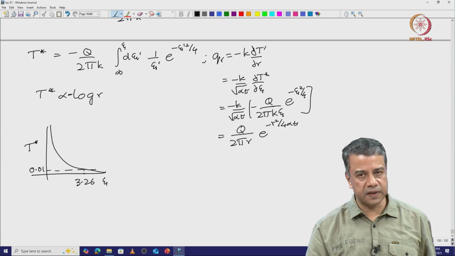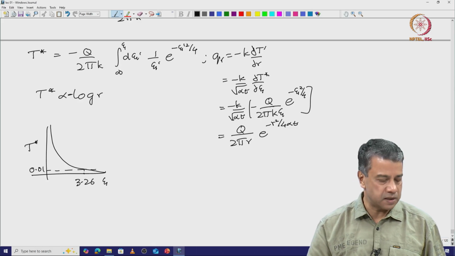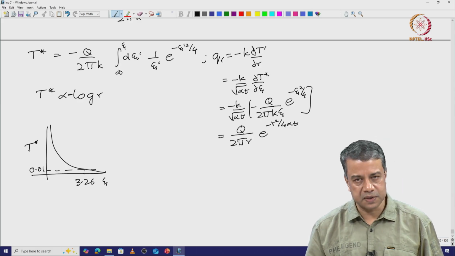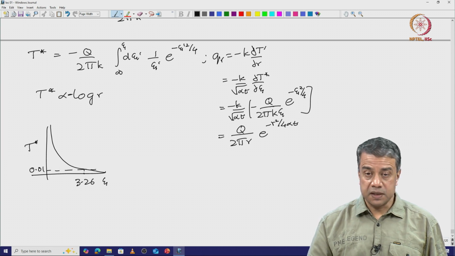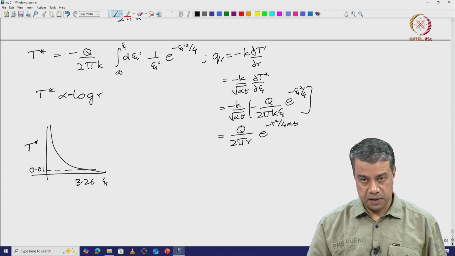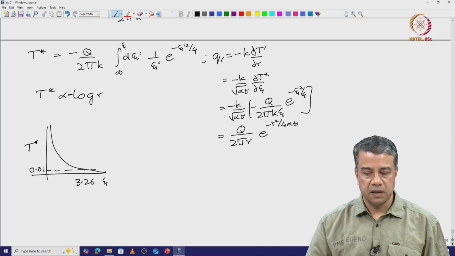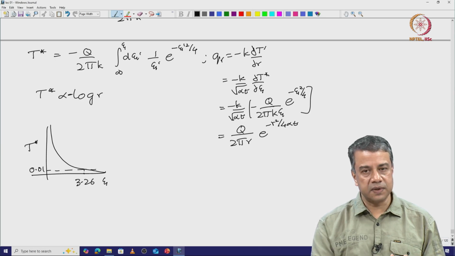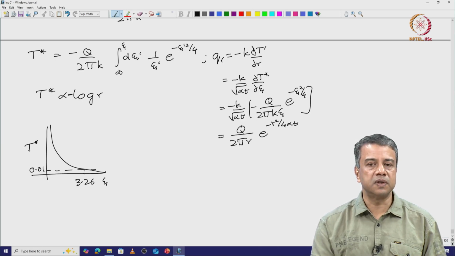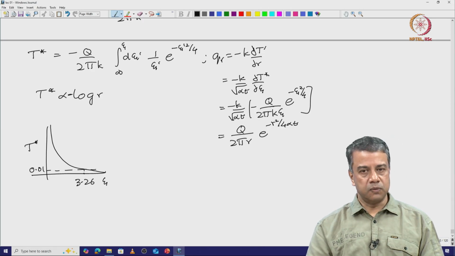So, it decreases very rapidly within about 3.26 times root alpha t, that is the penetration depth. This temperature comes to about 1% of its actual value. At the wire itself, the temperature is diverging. That is because we have assumed it to be of infinitesimal thickness. In reality, the wire will have some thickness, and therefore, this sharp increase will get cut off when the radial distance becomes comparable to the thickness of the wire.